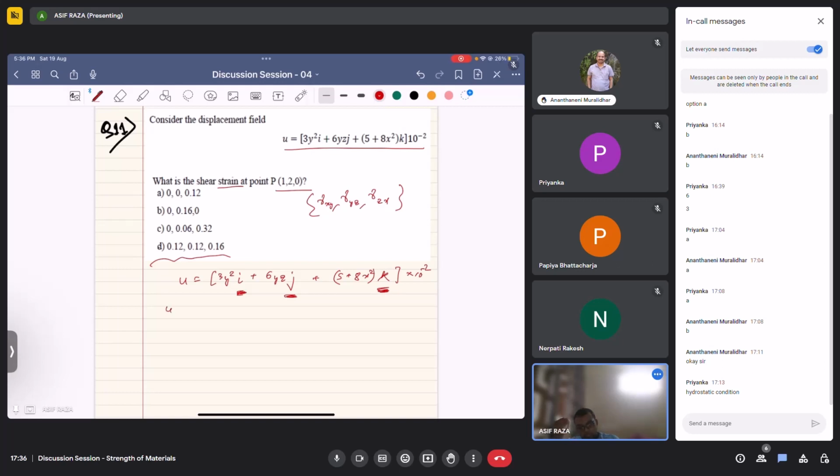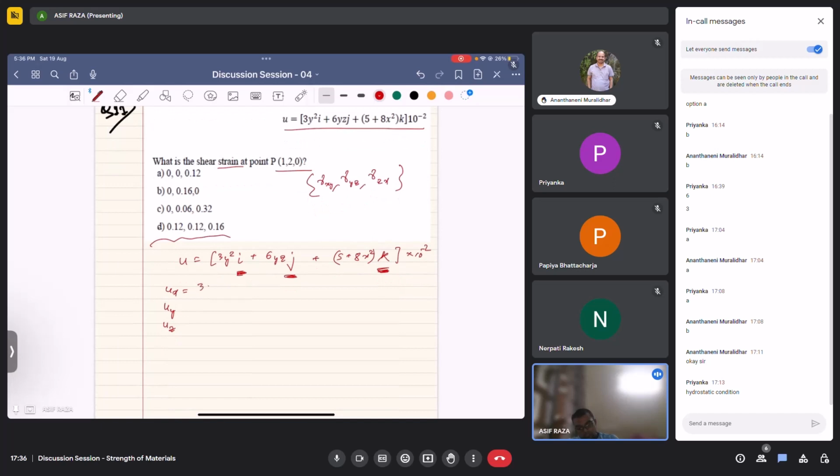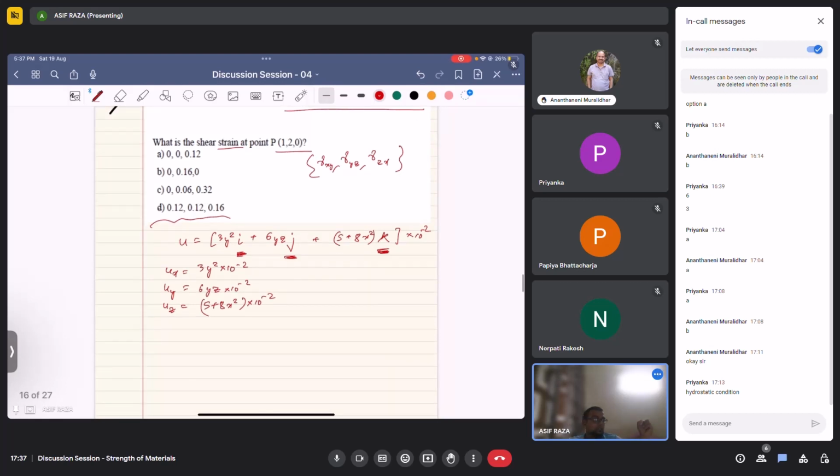What would be ux, uy, uz? ux is given 3y square into 10 power minus 2. uy is given 6yz into 10 power minus 2, and uz is 5 plus 8x square into 10 power minus 2. So displacement values are given, not the strain values. But we need to find the strain. So now, what would be your approach?